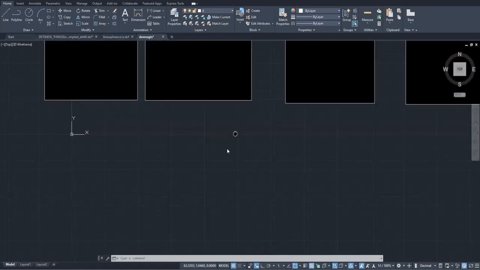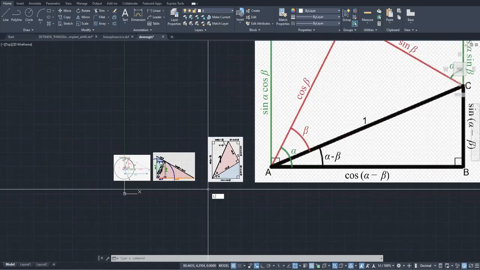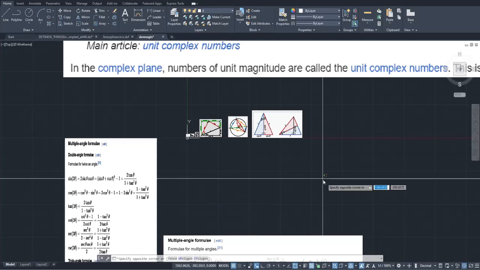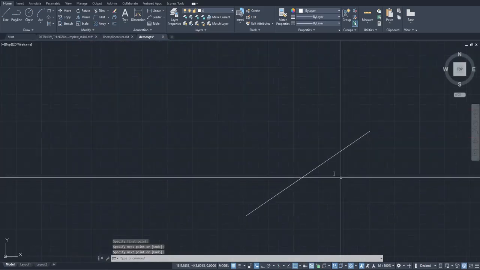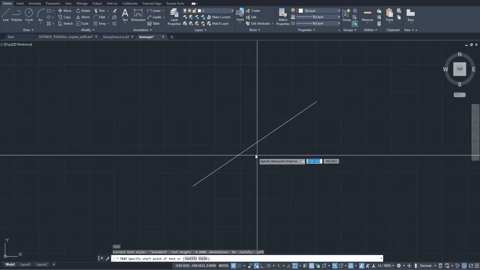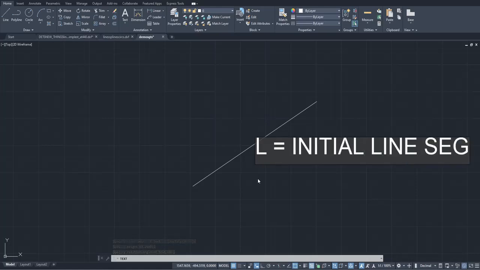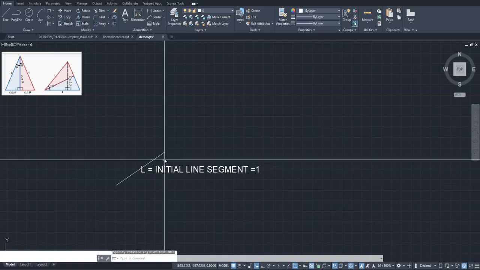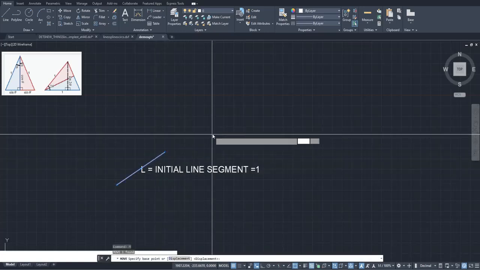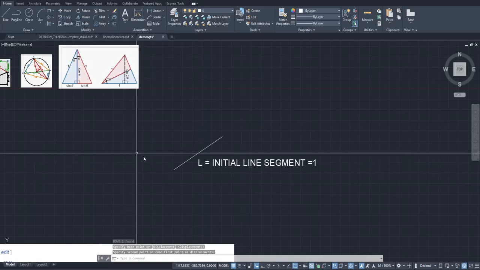When we decide the 1, that is L, the given line segment, and the given line segment L is the initial starting point for doing trigonometry, we should think of it in that way. We will describe how to think about L as the initial line segment equal to 1, and from that we will derive all the things in trigonometry. Actually, we will not derive, we will construct the triangles out of those things.